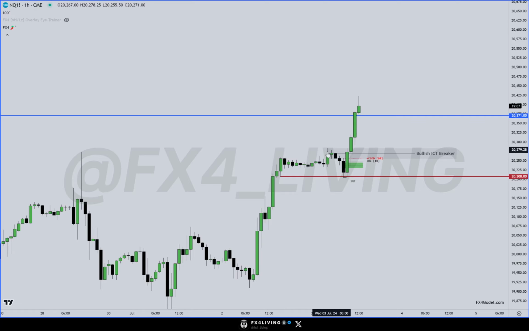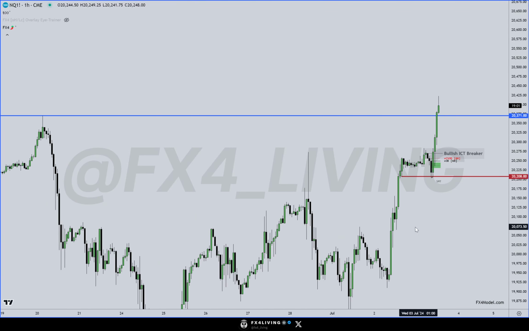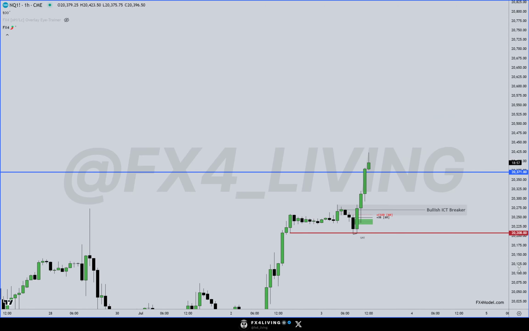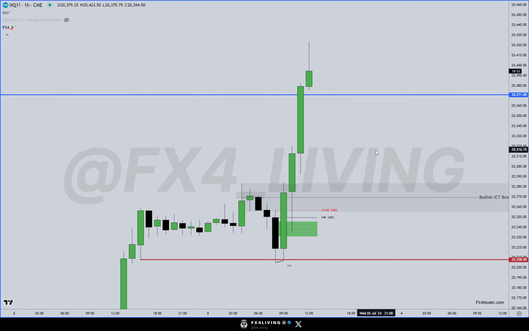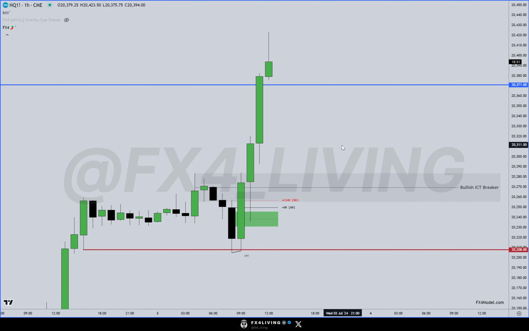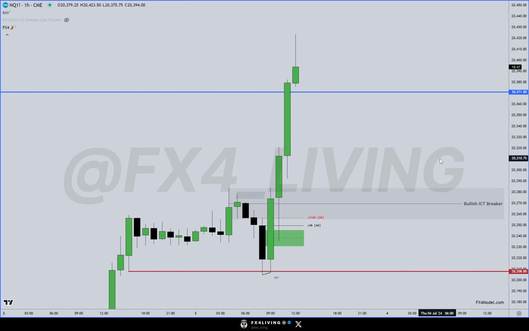And most of the time people are putting their stop above this high right here. So when it looks too bullish, there are some very interesting things to see. But I hope you guys find this interesting.